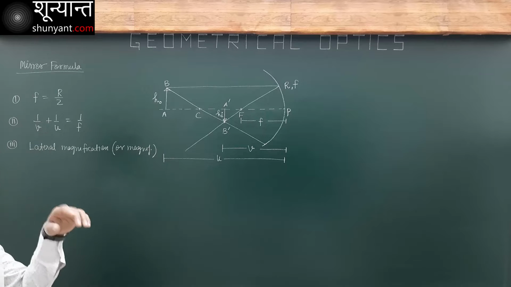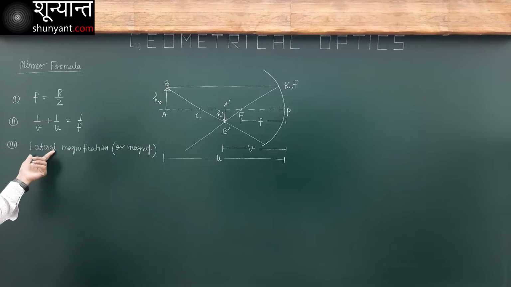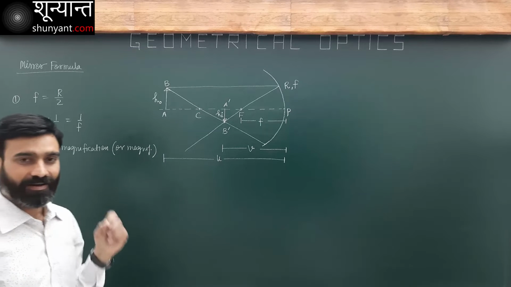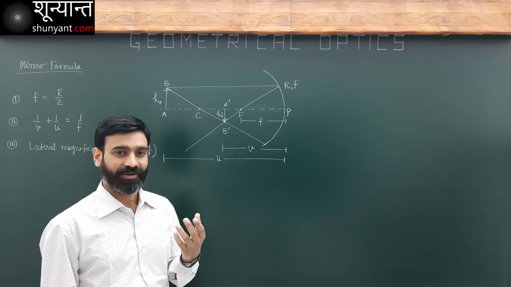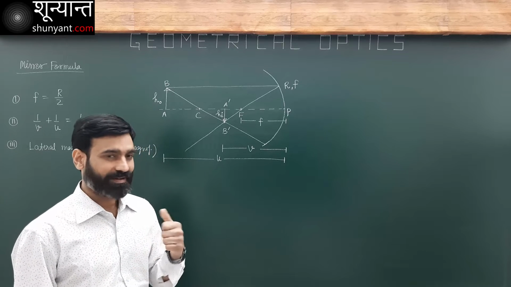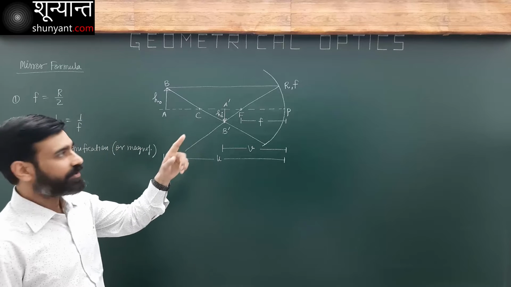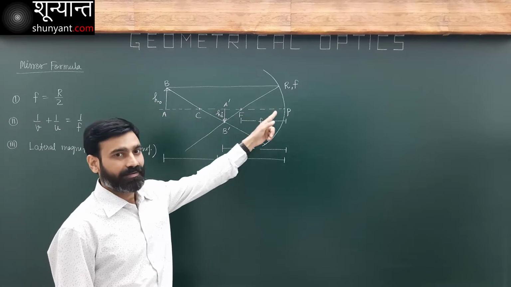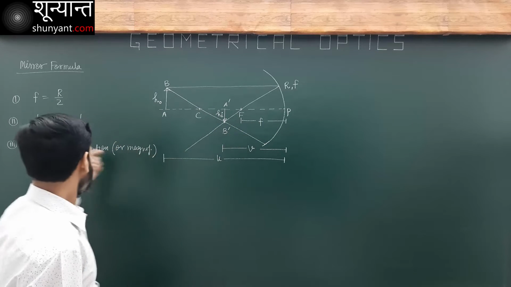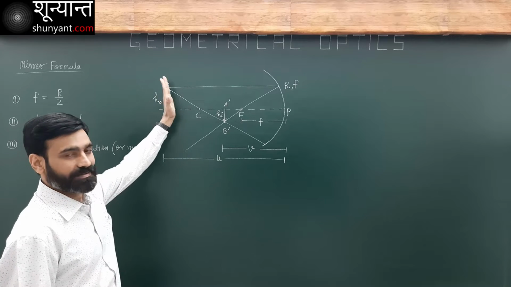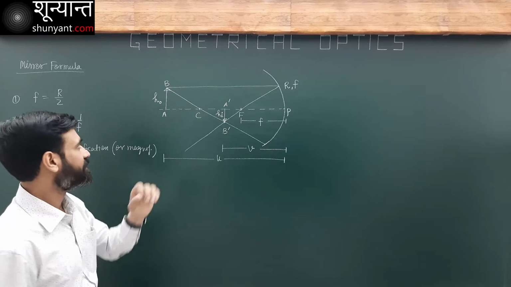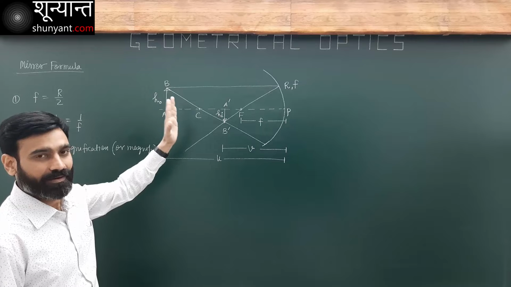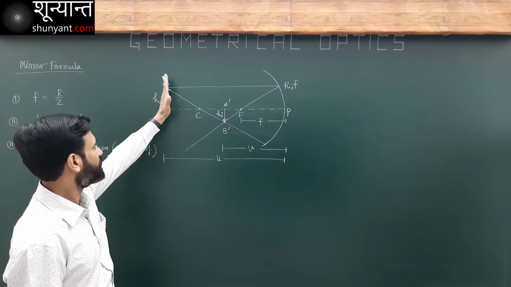When I say only magnification, what we mean is lateral magnification. And what is the meaning of lateral? There are two terms: longitudinal and lateral. Longitudinal will be along this axis, and lateral will be normal to this axis, 90 degrees. So if an object is kept lateral to the principal axis, that means normal to the principal axis.